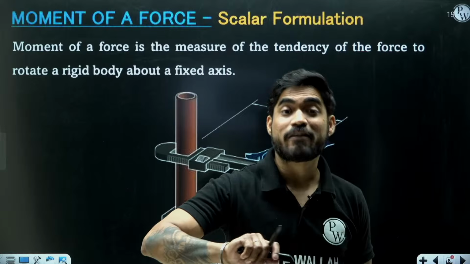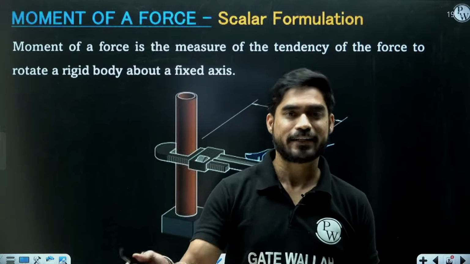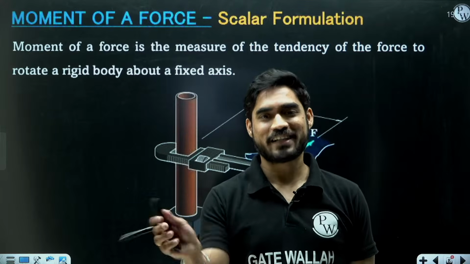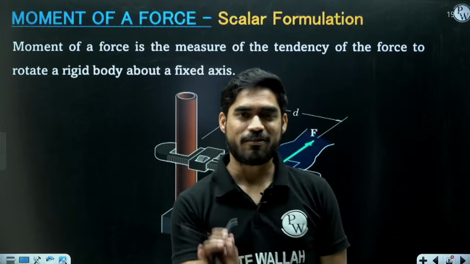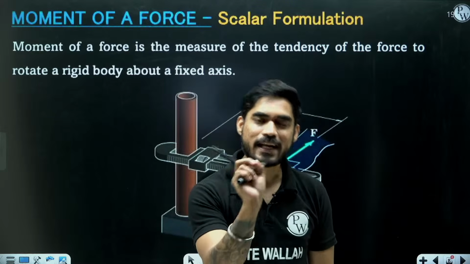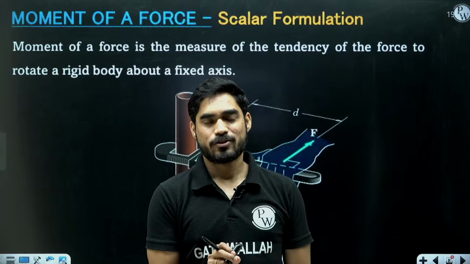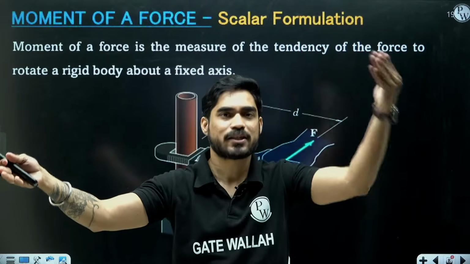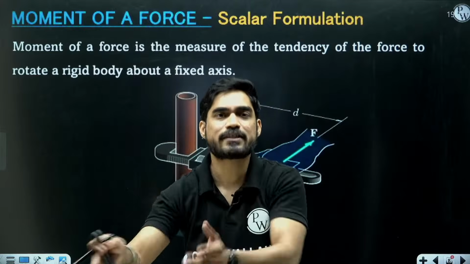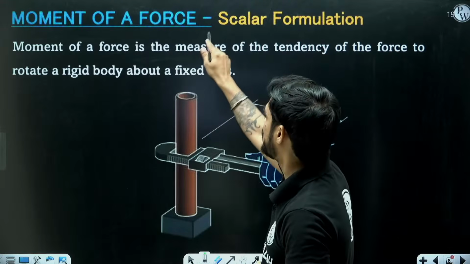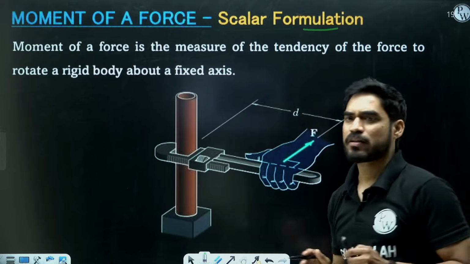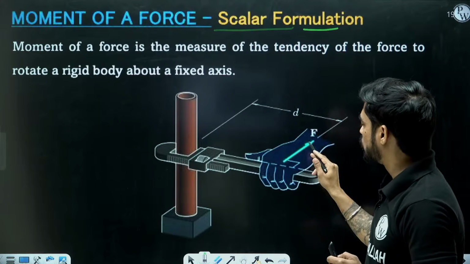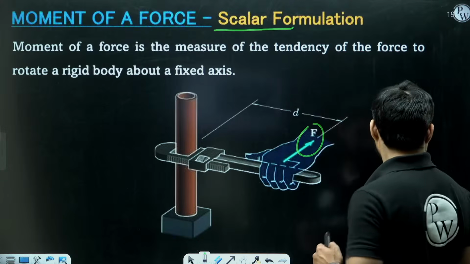I will tell you the vector way of calculation later because you might get confused a little bit. So right now we will focus on the scalar calculation. So I will tell you how we can calculate the moment of this force.